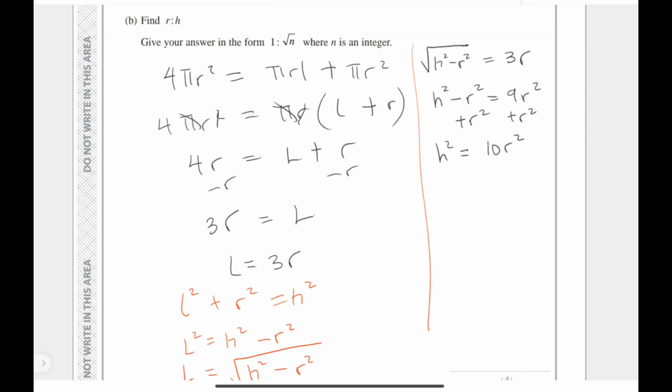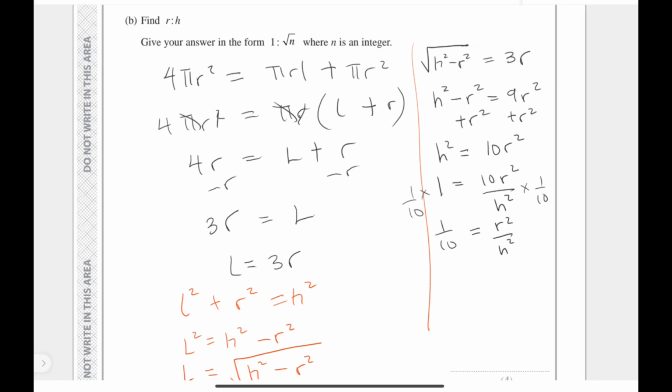So we are looking for r to h, correct? So let's divide both sides by h squared. So that will be 1 equals 8r squared over h squared. Multiplying both sides by 1 over 8. So that means 1 over 8 equals r squared over h squared.